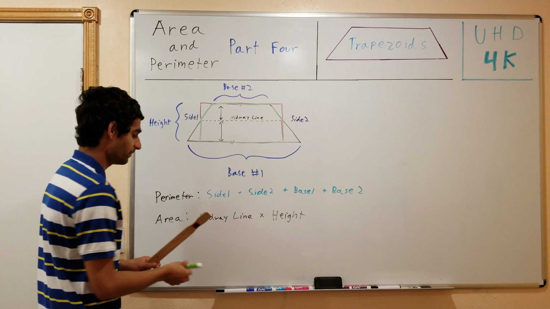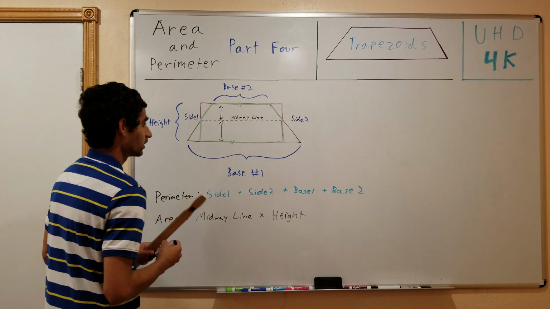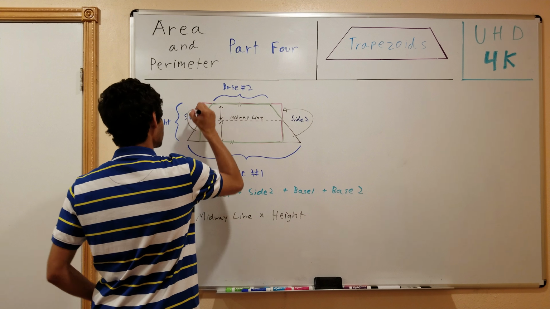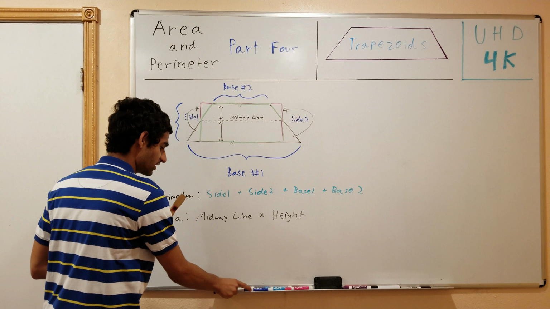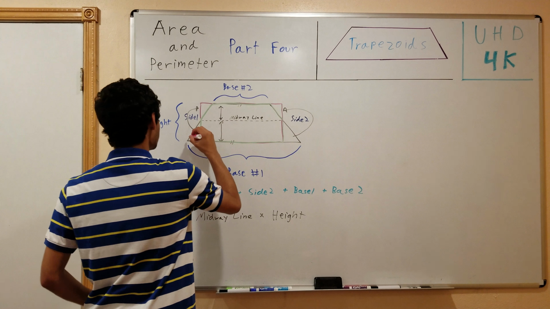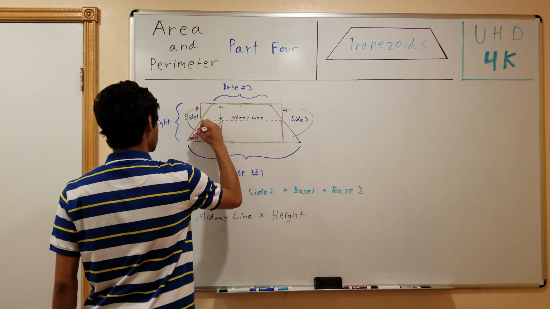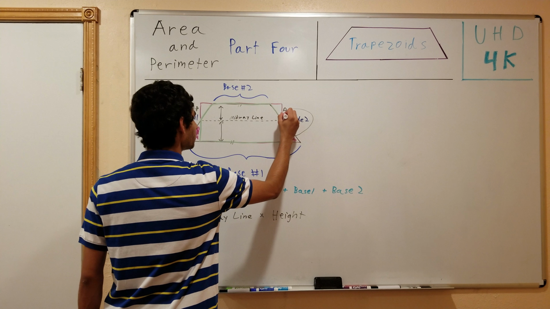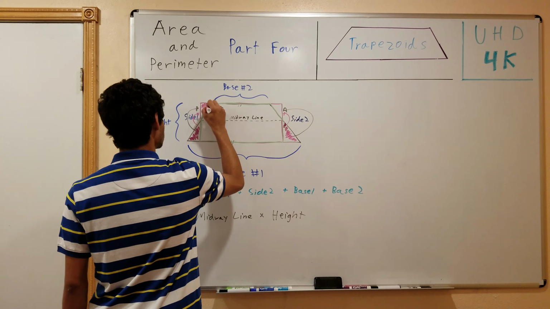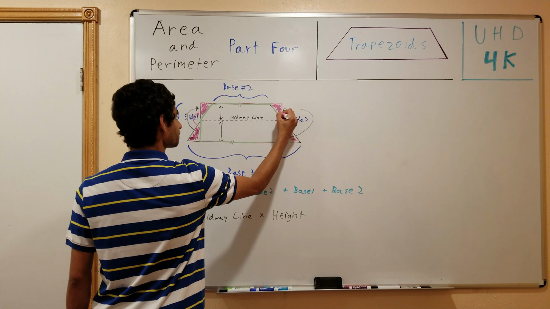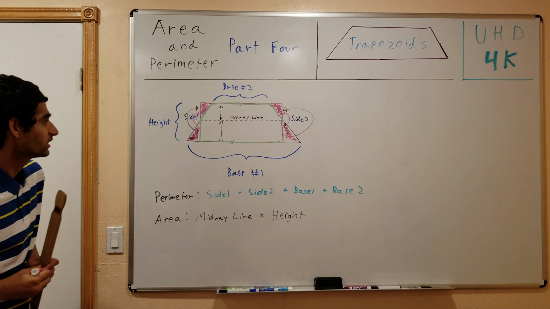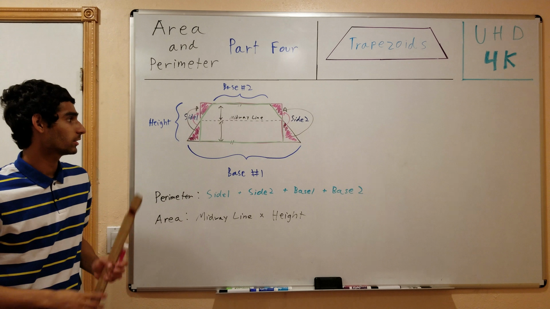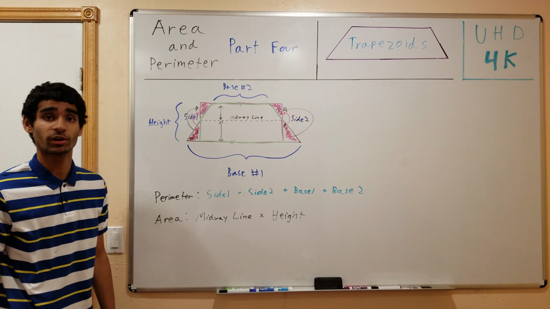However, here's some math magic for you. These small triangles over here fit perfectly into these small triangles. So I know it doesn't look like that because this figure is not to scale, but this area over here is equal to this area over here. So now what does that mean? That means if you move these two triangles into here, the rectangle and the trapezoid perfectly overlap.